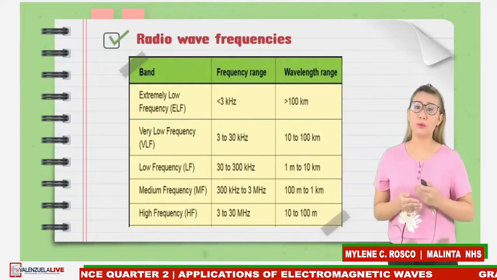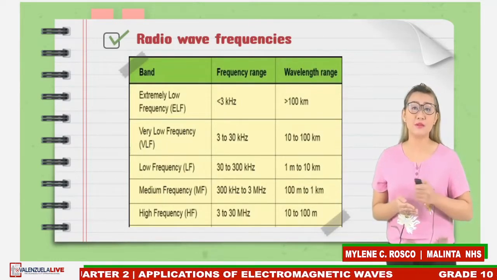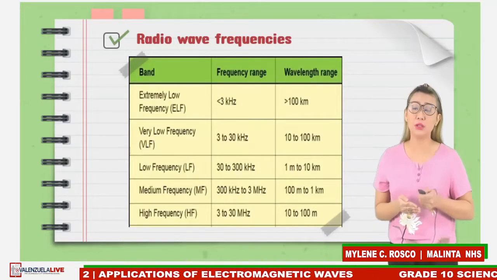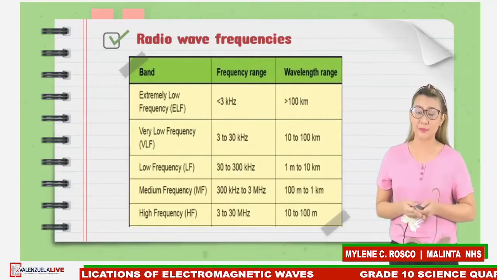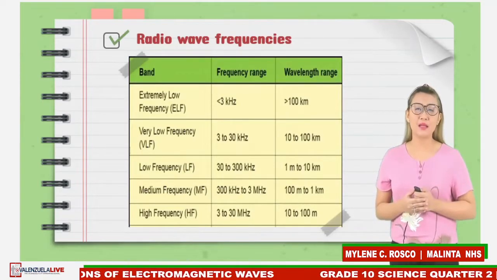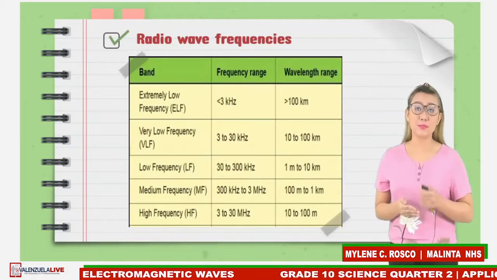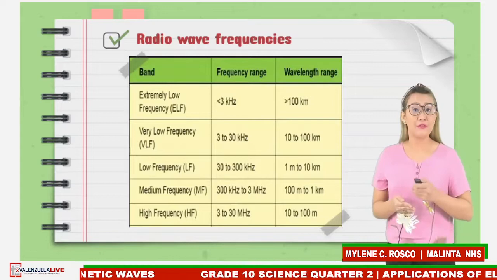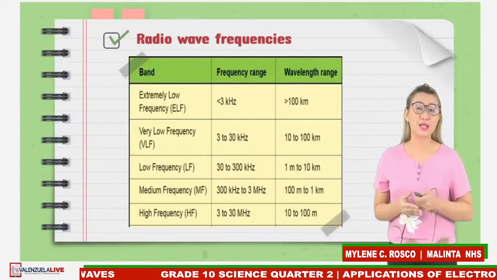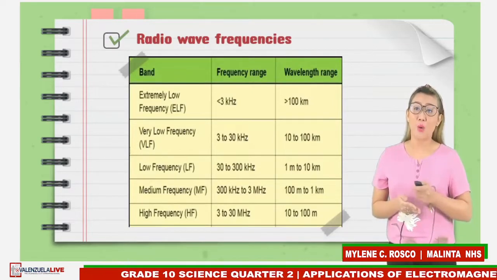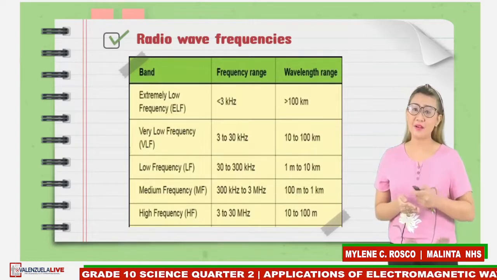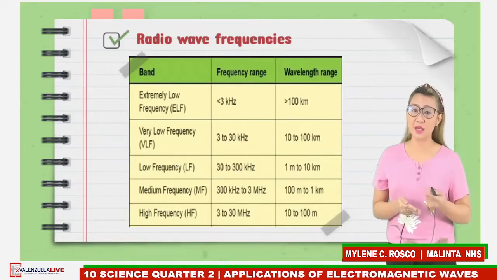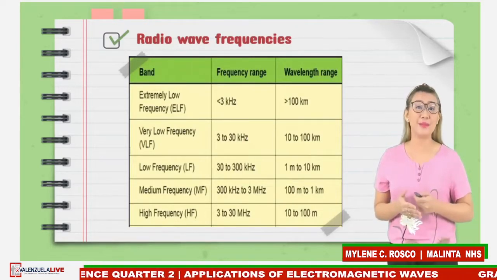The whole region of radio wave is divided into 9 smaller regions or wave bands. Each wave band is allocated by law to a specific radio service. This is why we have different radio stations such as 90.7, 101.9, and different channels such as Channel 7, 21, 5, and many more.